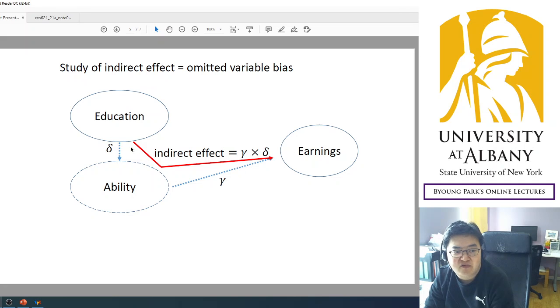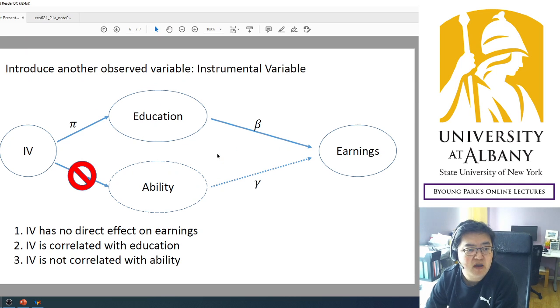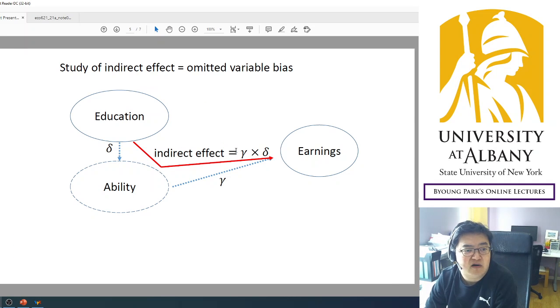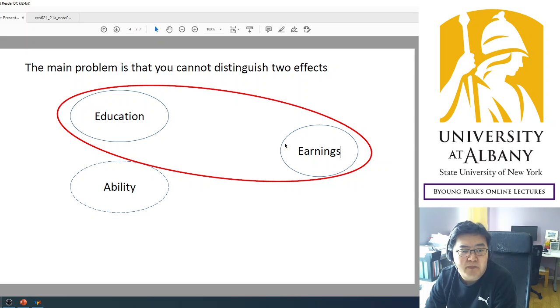It's straightforward. Delta times gamma is the indirect effect you can expect from this simple model, and then the total effect will be beta plus gamma times delta.